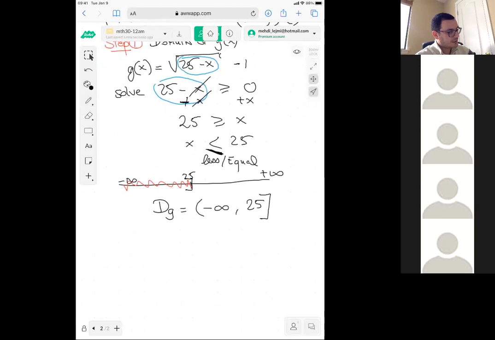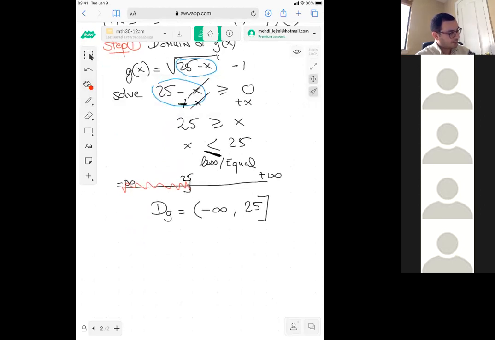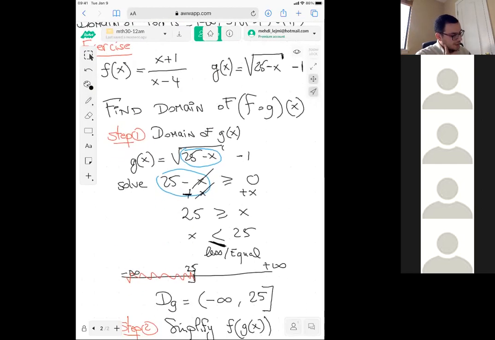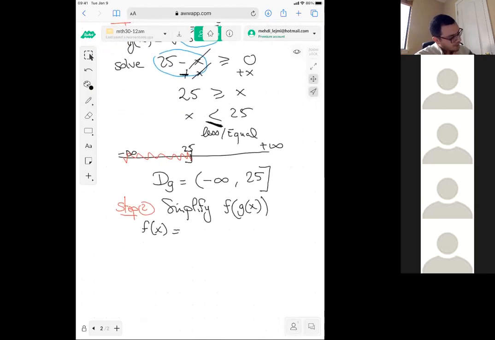Now, second step, we said we have to evaluate. So step 2, we have to simplify this f of g of x, right? So again, f of x is x plus 1 over x minus 4.